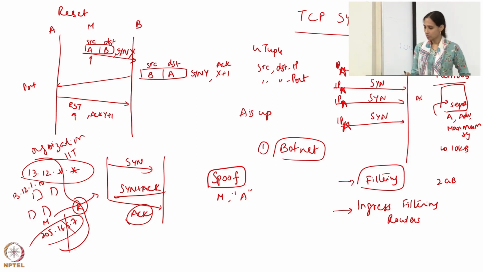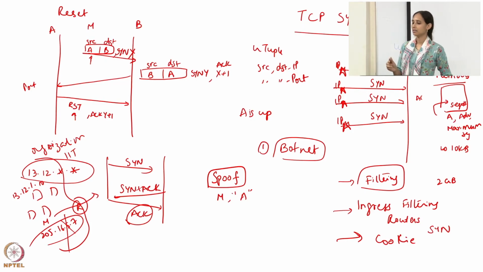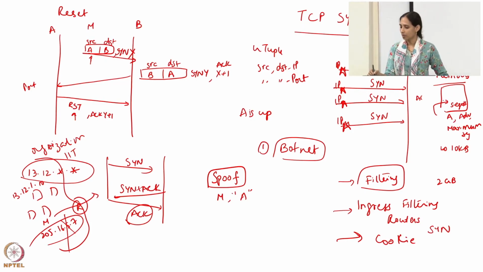So, that brings us to the third option, which is what is called a SYN cookie or a TCP cookie. This is a clever idea. You are saving certain information about the connection, and because of that you have to allocate this memory.